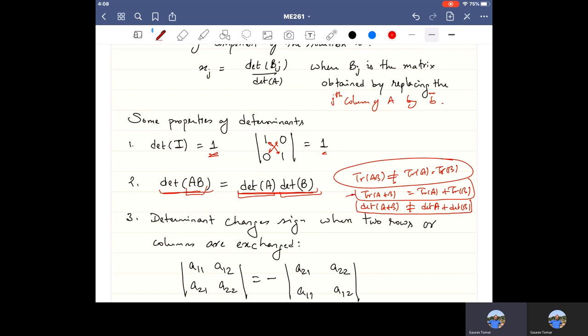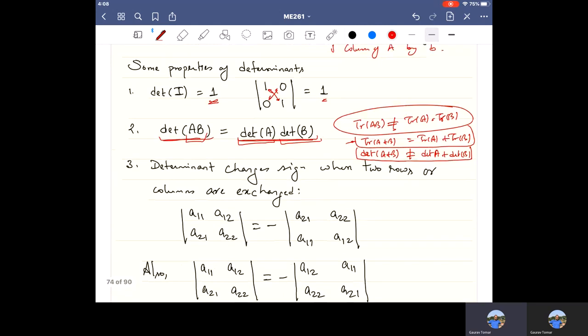Trace is formed by the addition of eigenvalues, the diagonal values once you have performed the similarity transformation. So addition is the operation you worry about. Okay, so that's the way it goes. So just keep note of this. Trace of A plus B is trace of A plus trace of B. Determinant of A plus B is not equal to determinant of A plus determinant of B.